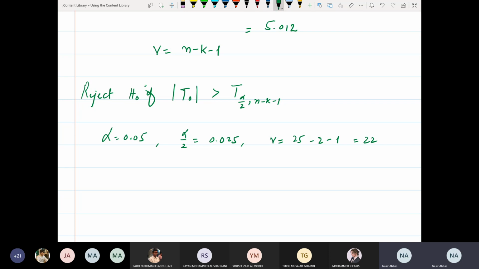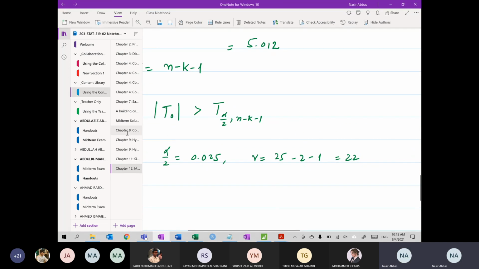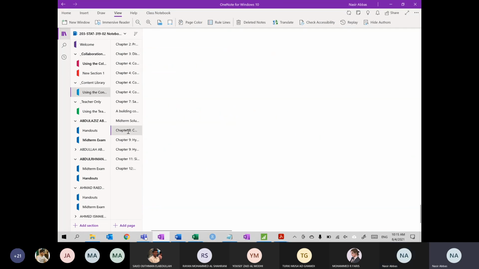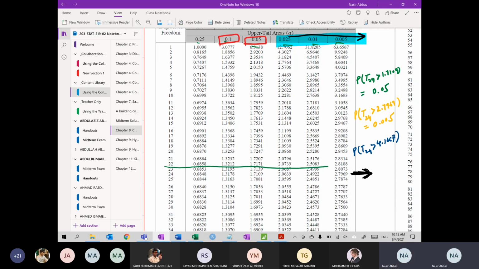I will go to the T table with 22 degrees of freedom, and I will look for 0.025, and the value is 2.0739.